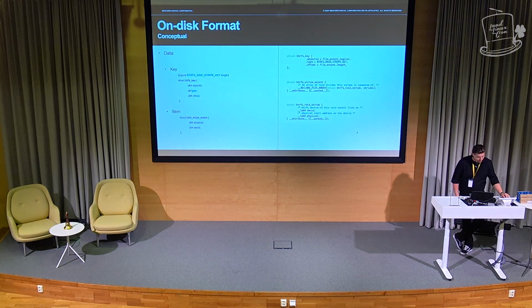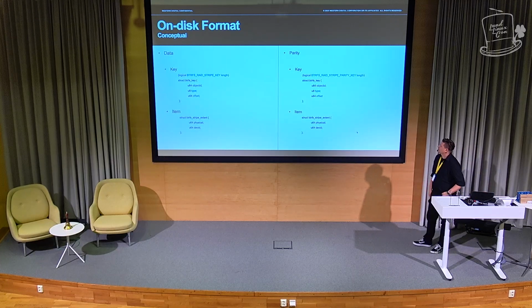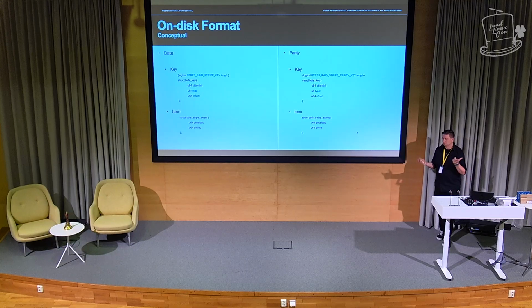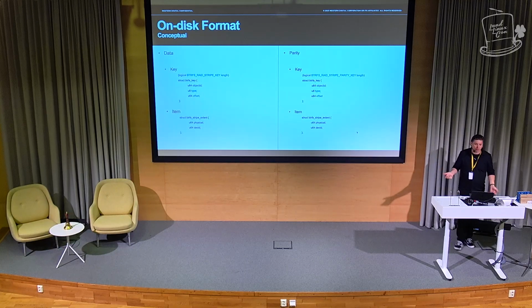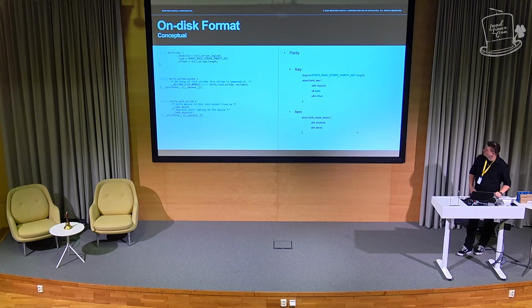So, back to the on-disk format. Let's look at the normal stripe tree on-disk format. And when we're doing parity RAIDs of any kind, like RAID 5, I just thought, why not add a key for the parity, a different key type, and the parity is just another data stripe anyway. It'll then look like this.